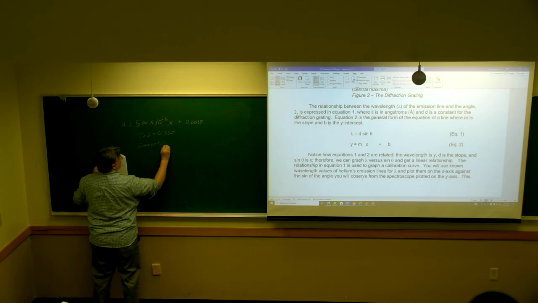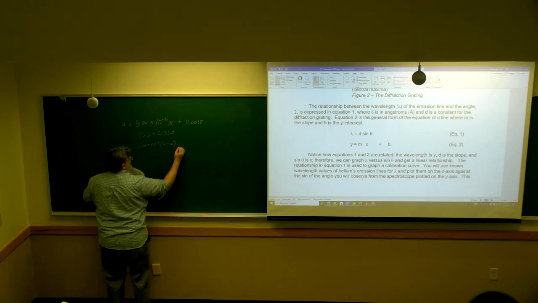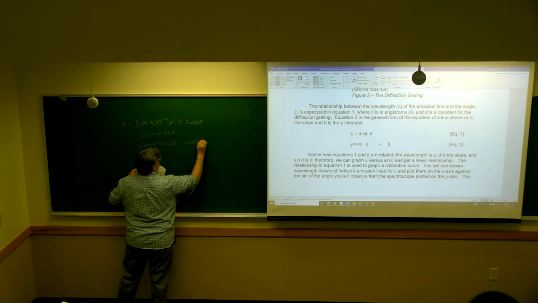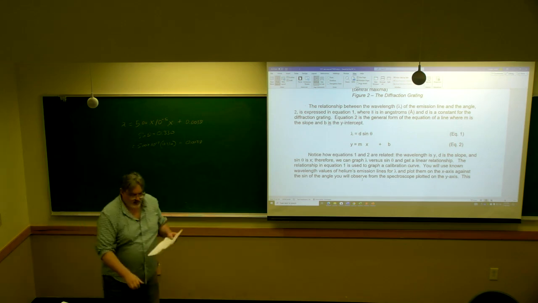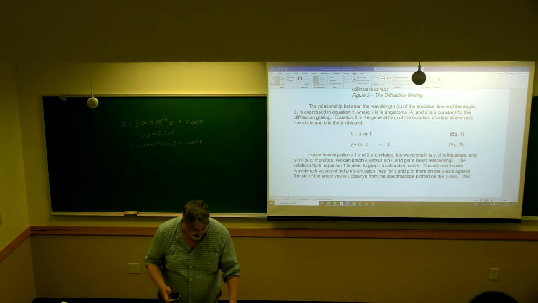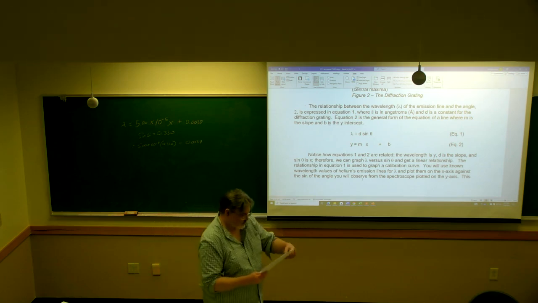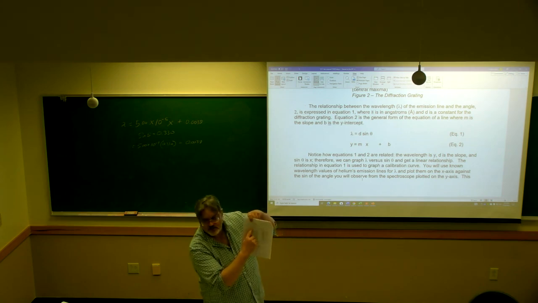5 times 10 to the negative 5 times 0.330. And I think you have to add this. So he has, and those were in angstroms. We're going to end up in angstroms. These wavelengths that are given are in angstroms.